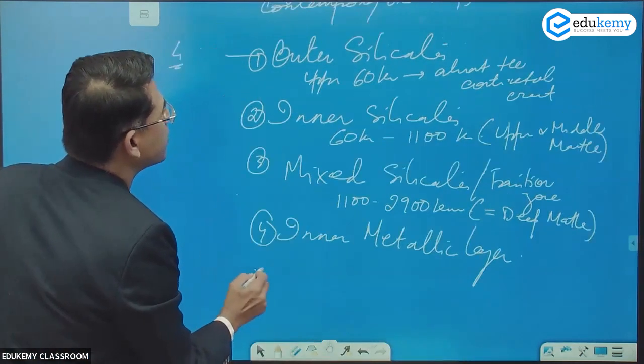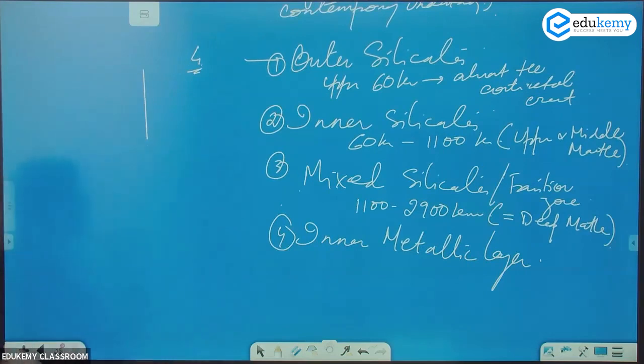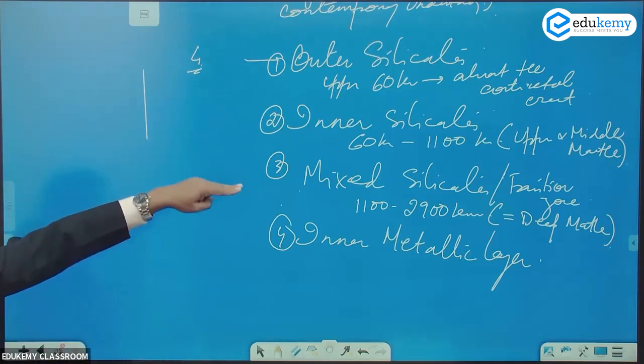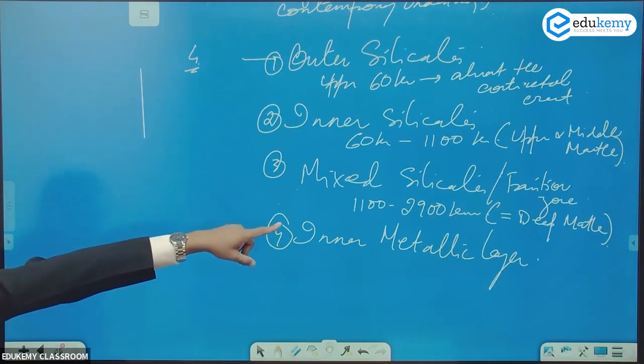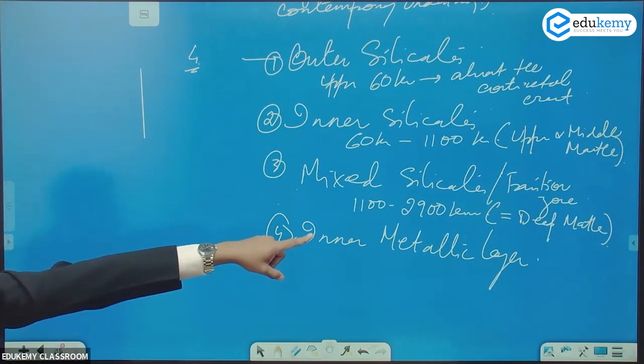Likho please. The outer silicates up to 60 kilometers, which is almost synonymous to the continental crust. Then we have the inner silicates from 60 to 1,100 kilometers. This is the upper mantle and the middle mantle. The mixed silicates approximately from 1,100 to 2,900 kilometers.